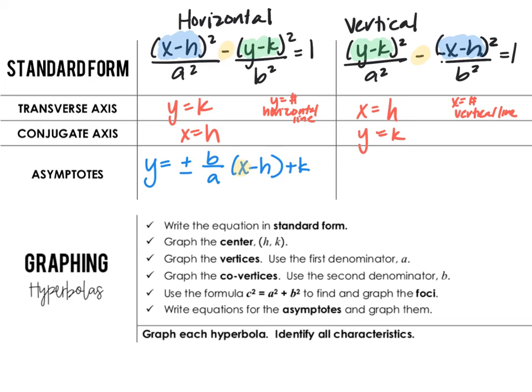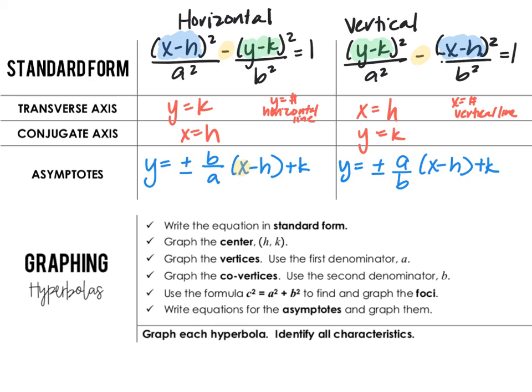Because eventually, once you substitute numbers into the b, a, h, and k, you will have an equation of a line, since your asymptotes are lines. And then your asymptote for the vertical is y equals plus or minus a over b times (x minus h) plus k. So we just flip the a over b.